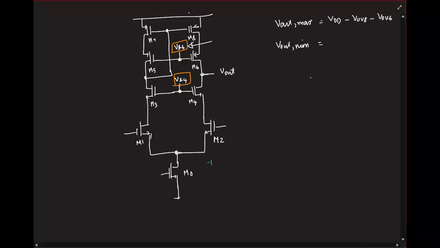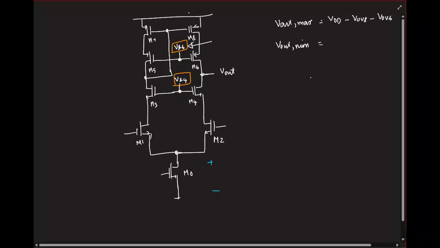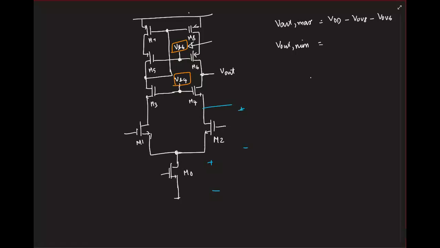We need to have minimum overdrive for M0, right? And you need to have a minimum overdrive for M2. See, basically the output at the lower side is drain to source voltage of M4, drain to source voltage of M2 and M0. So here it's going to be overdrive of M4, overdrive of M2, M0.